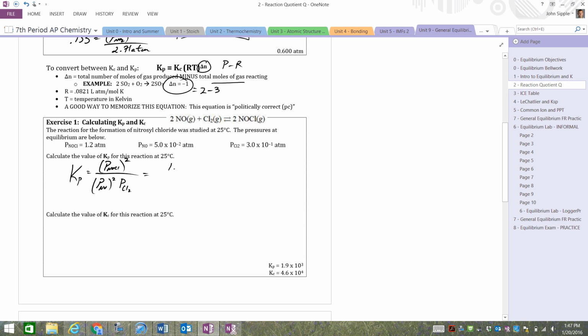Then we just plug in the values: 1.2 squared divided by 5 times 10 to the minus 2 squared, and 3 times 10 to the minus 1. I ended up getting 1920.